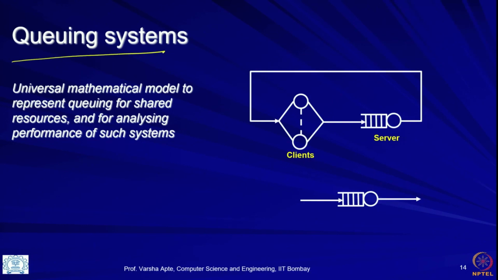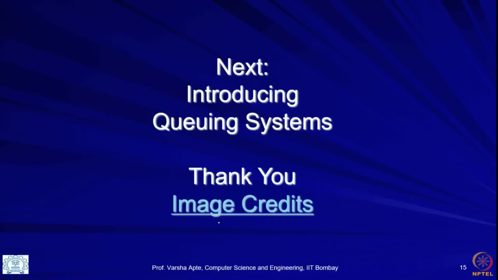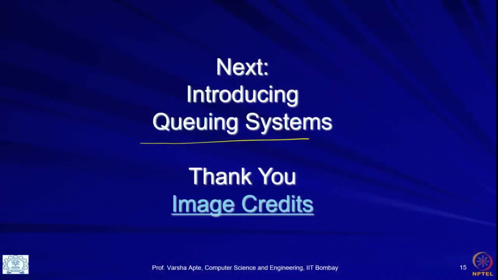It is a universal mathematical model to represent queuing for shared resources and for analyzing performance of such systems. And I will be explaining what these diagrams mean in the upcoming lectures. So, from the next lecture I will introduce queuing systems, and the rest of the course is largely about using queuing systems to understand and carry out performance analysis. Thank you.